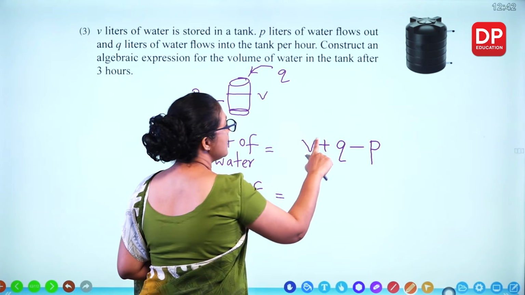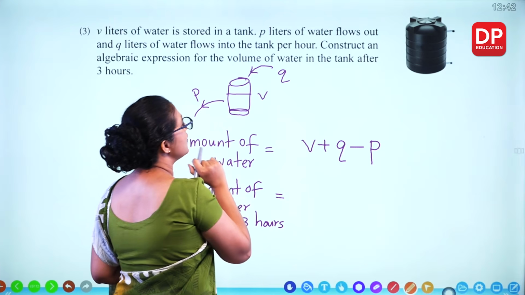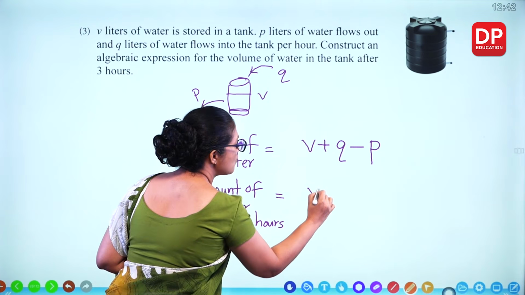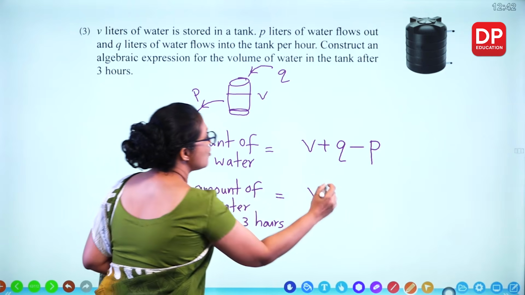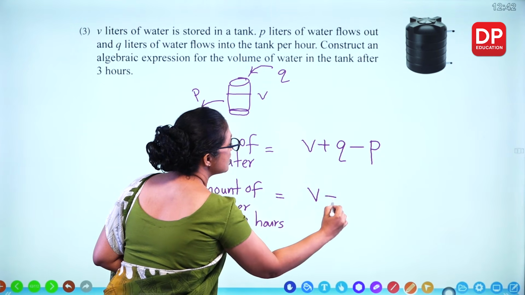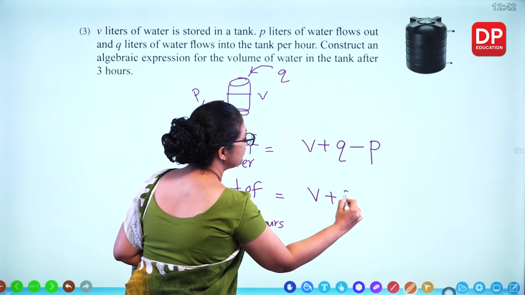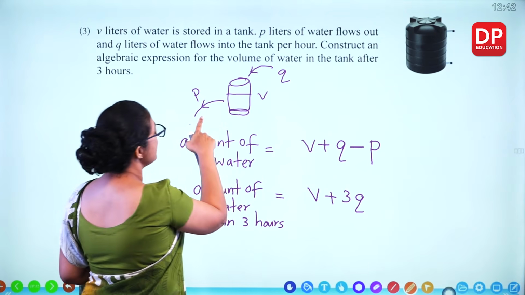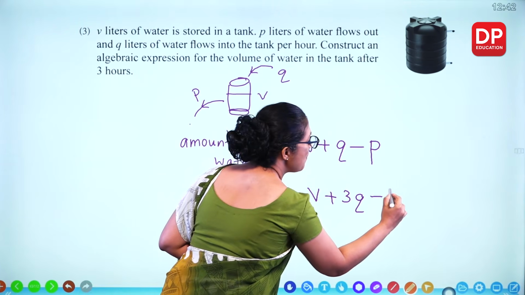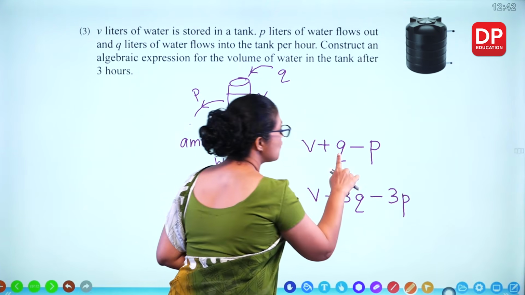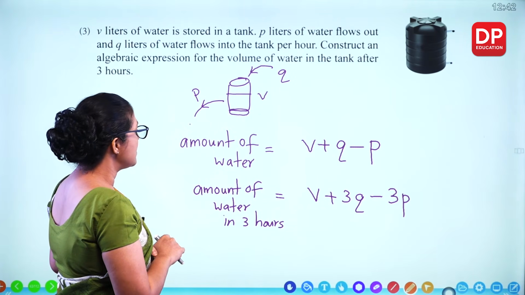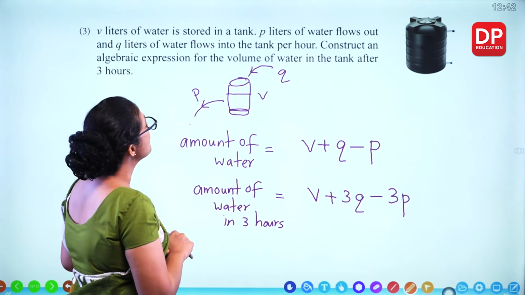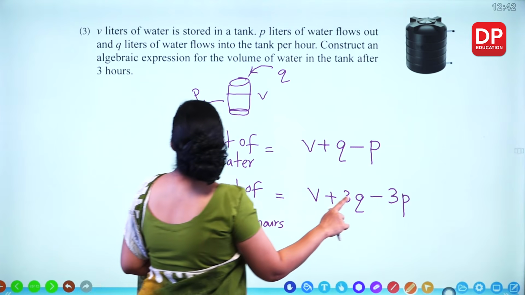Here V is a fixed value. So in 3 hours you are adding 3Q and removing 3P. So the answer is V plus 3Q minus 3P liters.